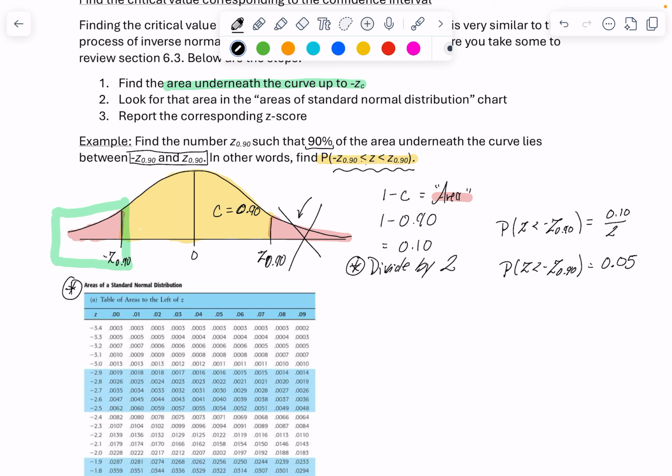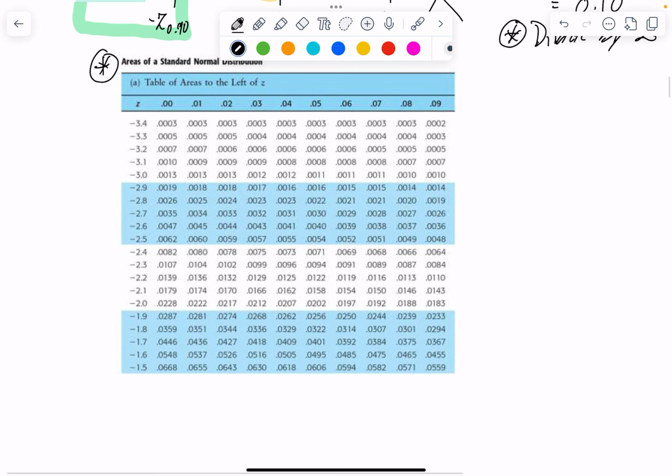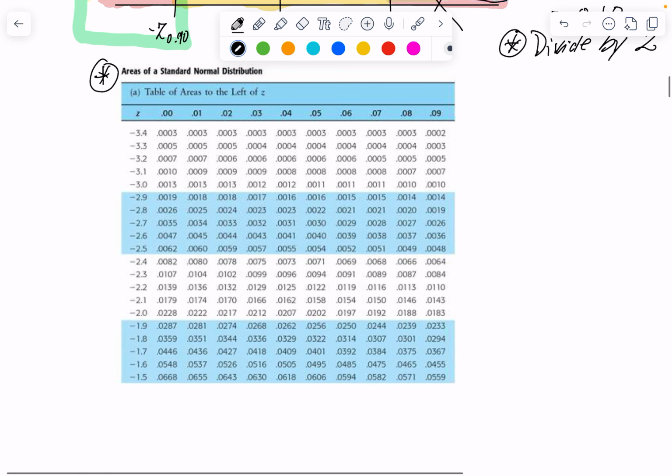So what we do now is look for the area that corresponds to 0.05 on our chart. Looking at this chart here, double checking, we're going to be somewhere within this realm.